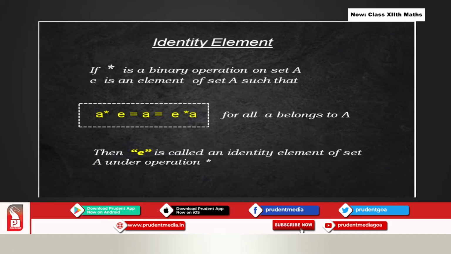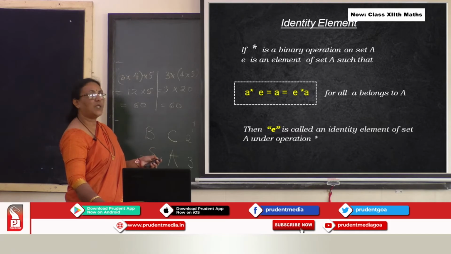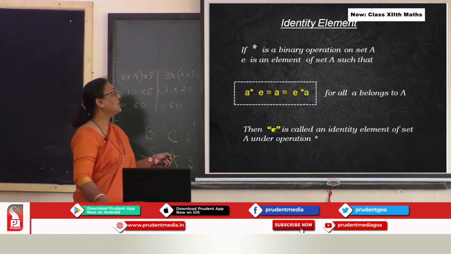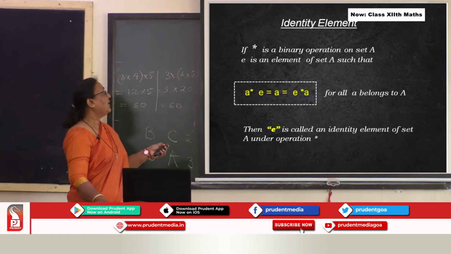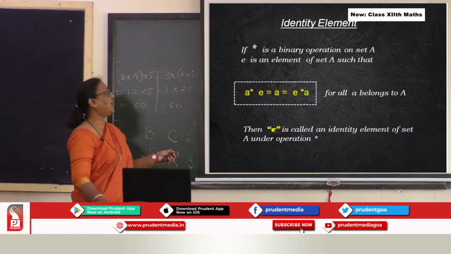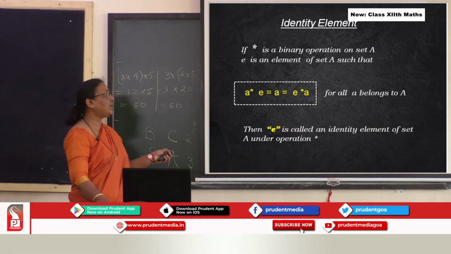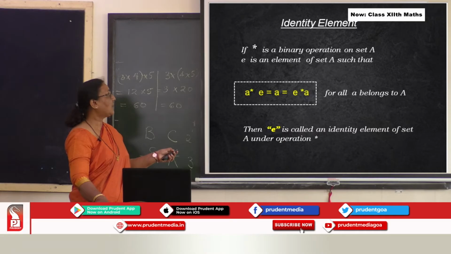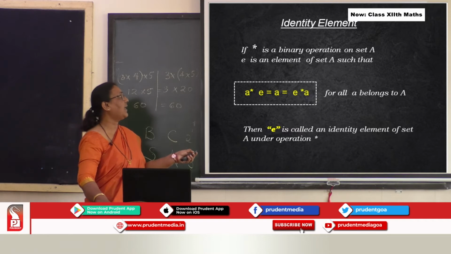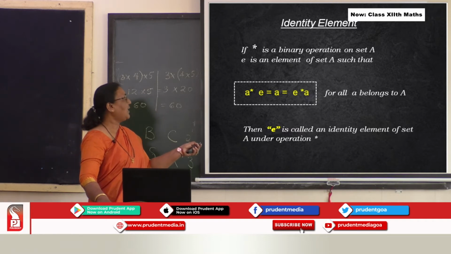Now see, if star is a binary operation on set A, and E is an element of set A such that A star E equals A, it's coming the same answer. Or if you reverse this, E star A, it's the same thing, A only.